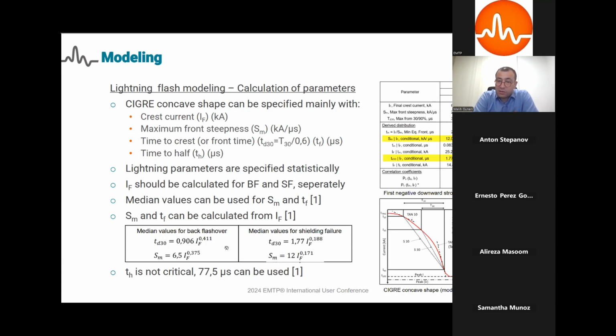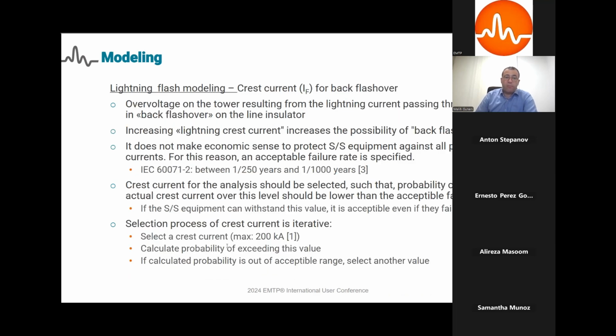By the way, this usage of median values is also recommended in the CIGRE brochure. On the other hand, the fourth parameter, that is the time to half value, is not very critical in such analysis. So a median value of 77.5 microseconds is used in all simulations.